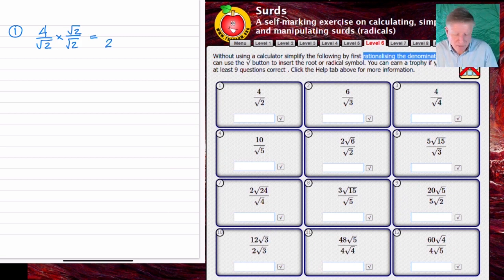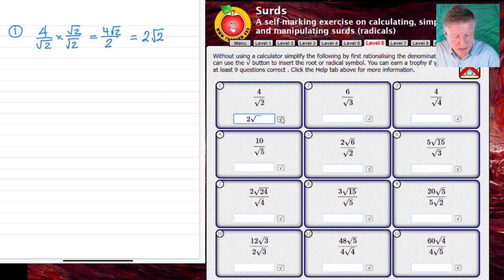Great, that's not irrational. And then at the top we've got 4 root 2. Then that can be simplified, dividing numerator and denominator by 2, which gives us an answer of 2 root 2. So 2 root 2 is a simpler way of expressing 4 over root 2. Let's see if I've got it right. 2, square root sign, 2, check. Yes, wonderful. Okay, question number 2.